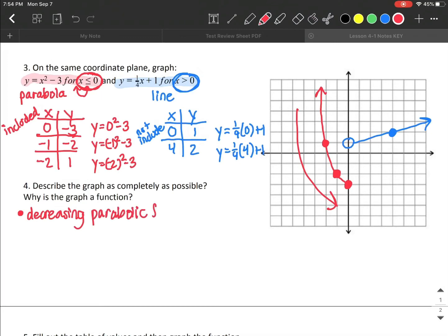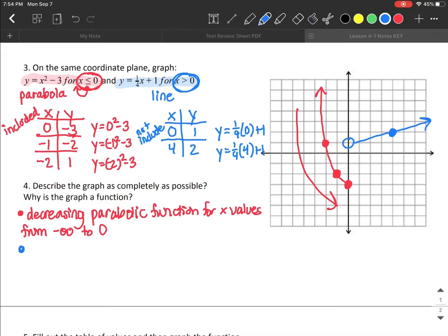So it's a decreasing parabolic function for x values from -infinity to stopping at 0.